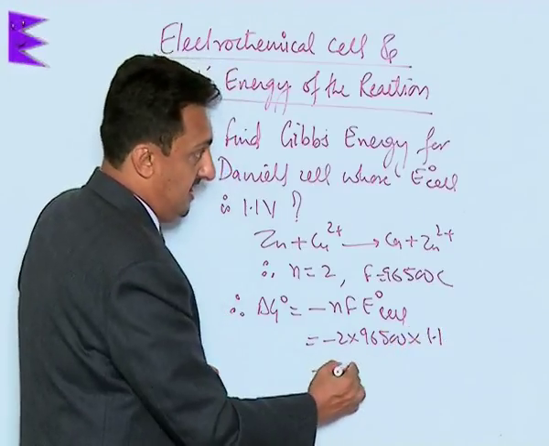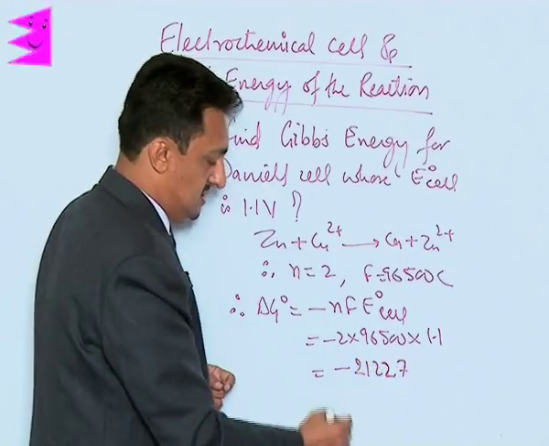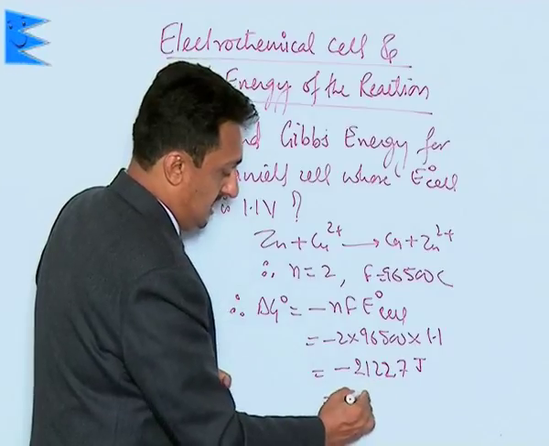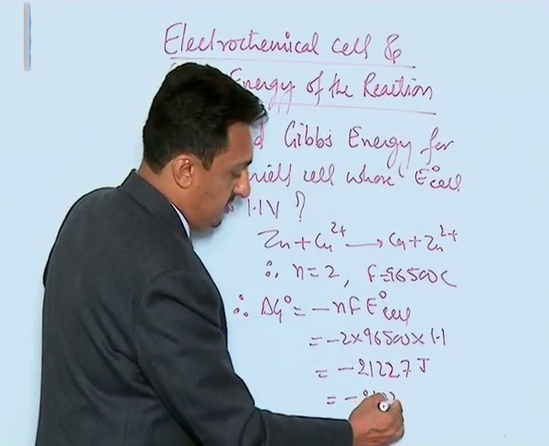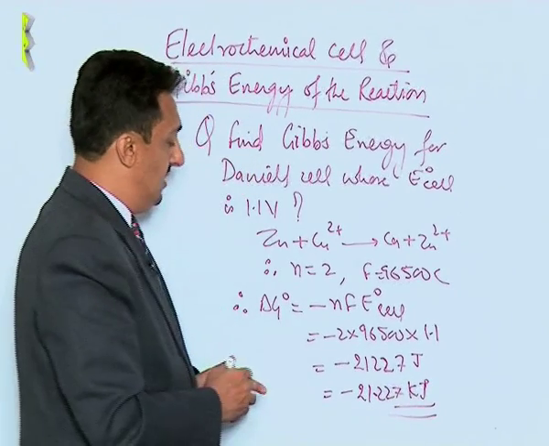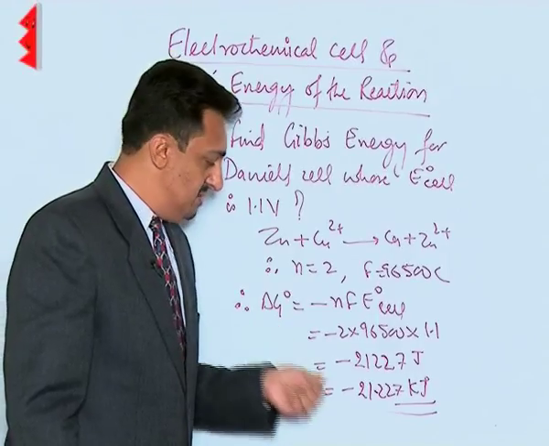When we do the product, we get 212270 joules, and the answer can be written as 212.27 kilojoules.